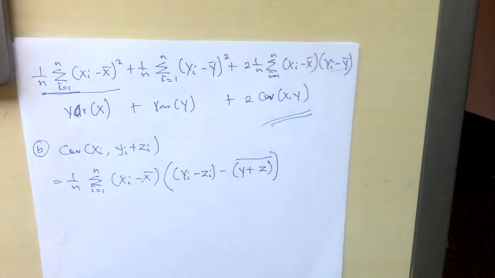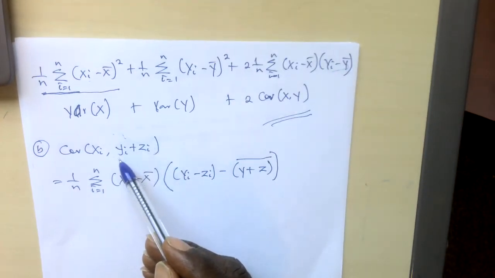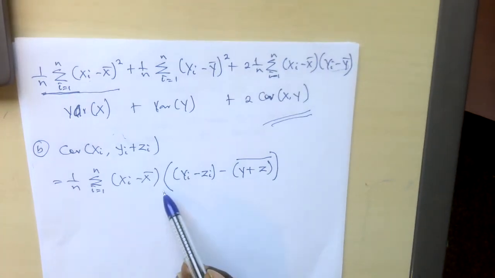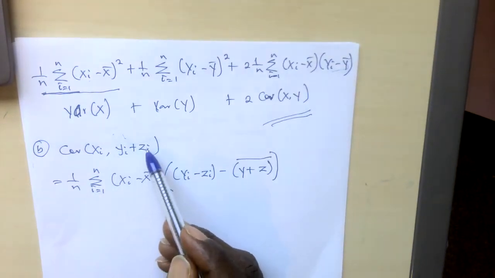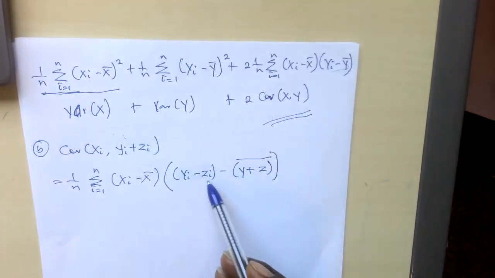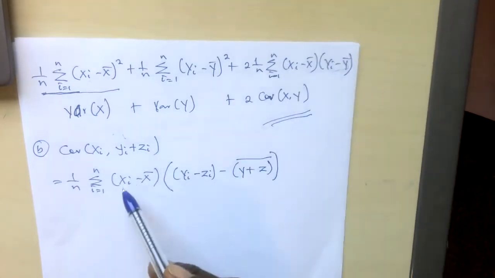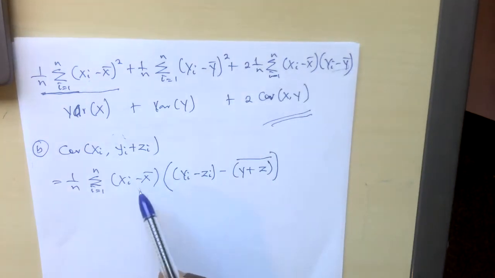But now these two are taken as a single variable, right? That's why we have it this way. So let's assume the whole of this is y, just like this, right? So you can see that this remains the same because it's just x we have.